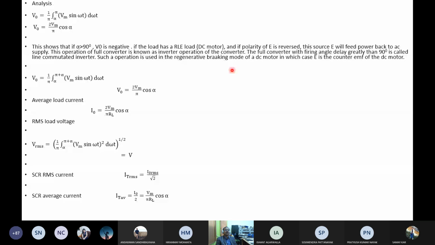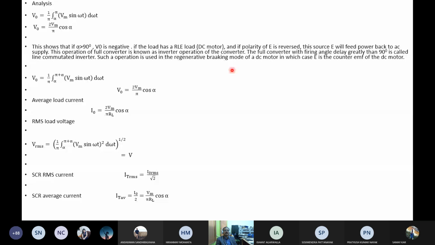So you understand what is full control and half control? In half control, the voltage never goes below 0, meaning negative. But here in the full converter, the average voltage is 2 Vm by pi cos alpha. So if alpha is greater than 90 degrees, and if we change the polarity of the RLE load, power can be fed back to the source.